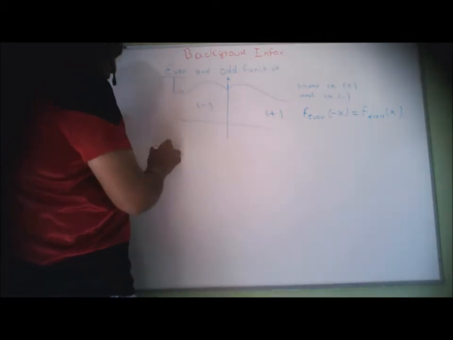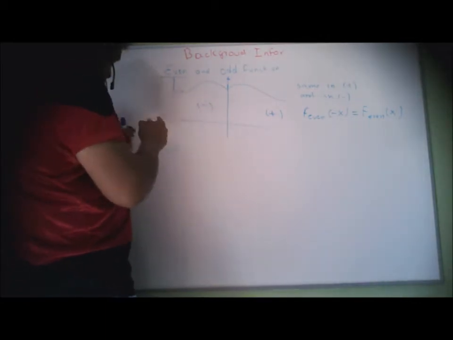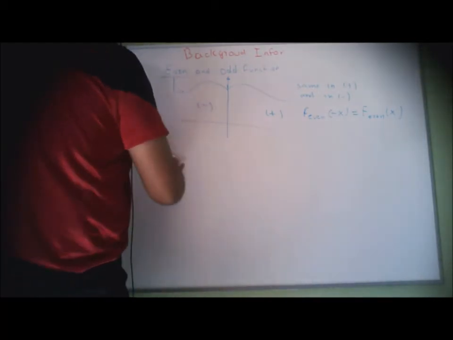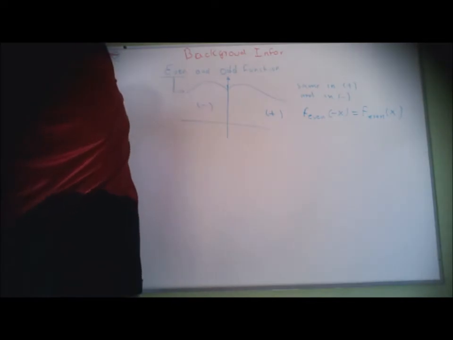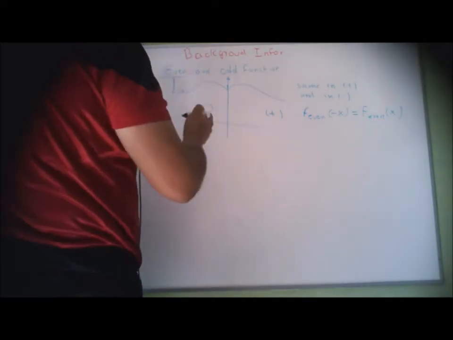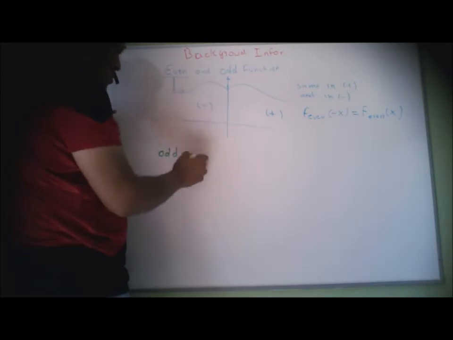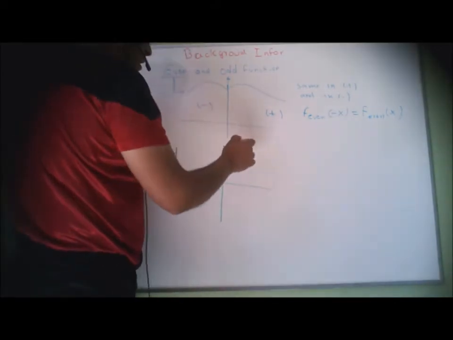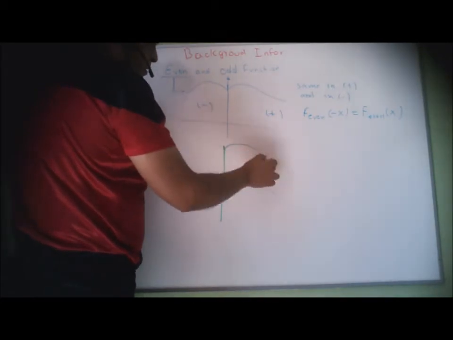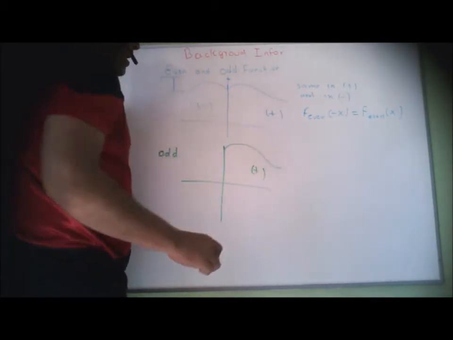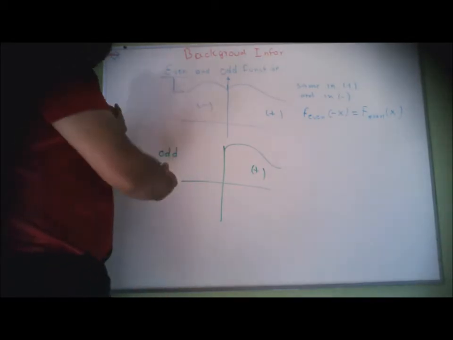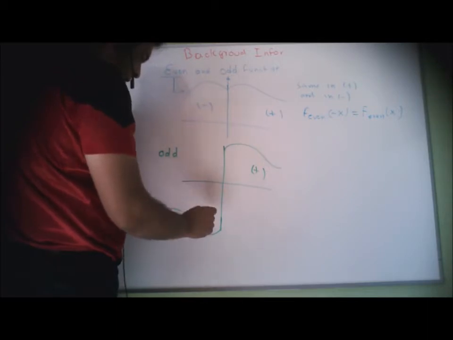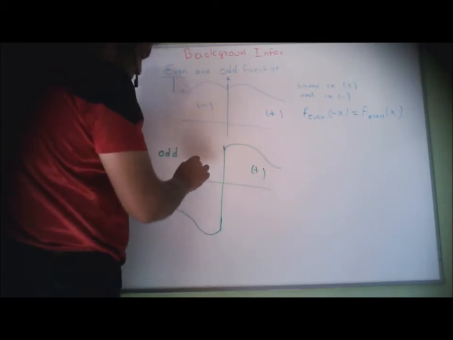Odd function. An odd function is something like this. So very similar, but here this is the positive function. Now on the negative side it is going to be the same, but below the x-axis. So this is the negative part.